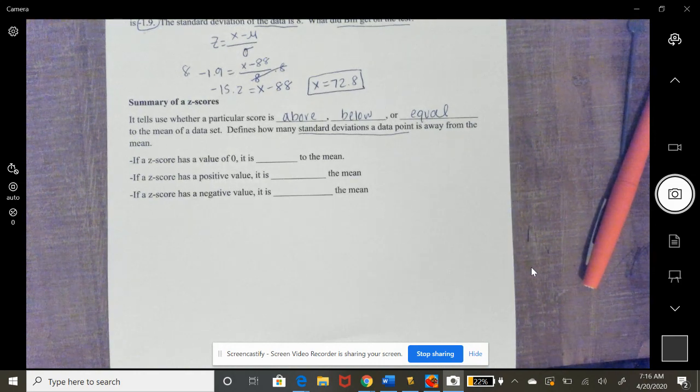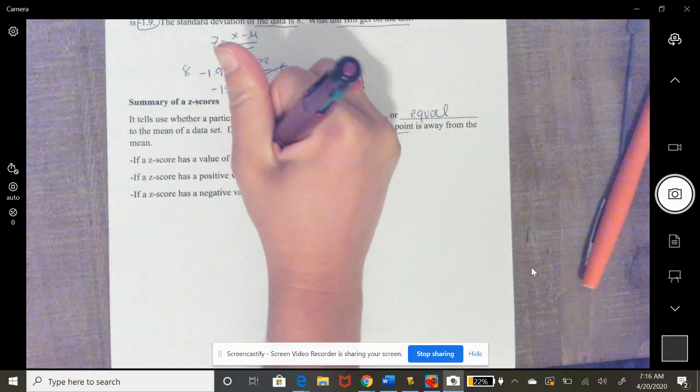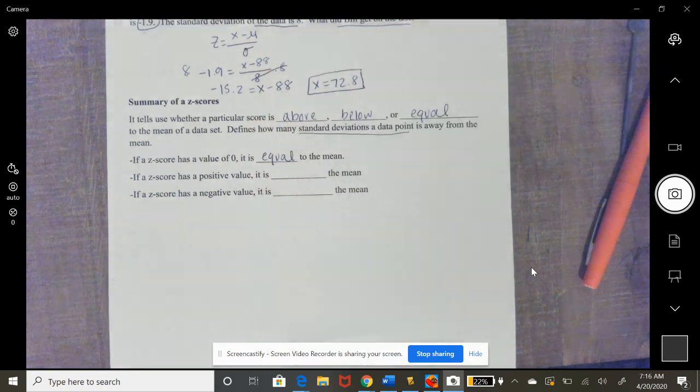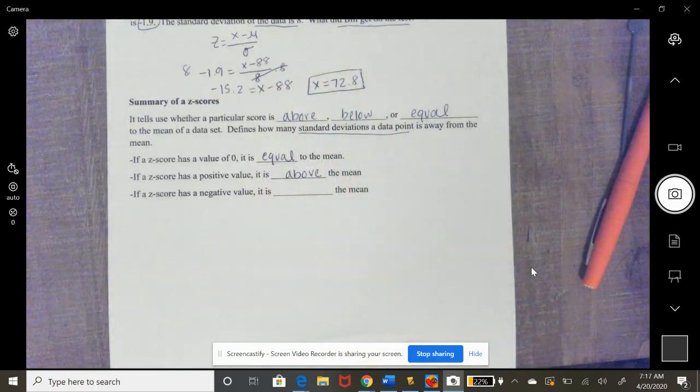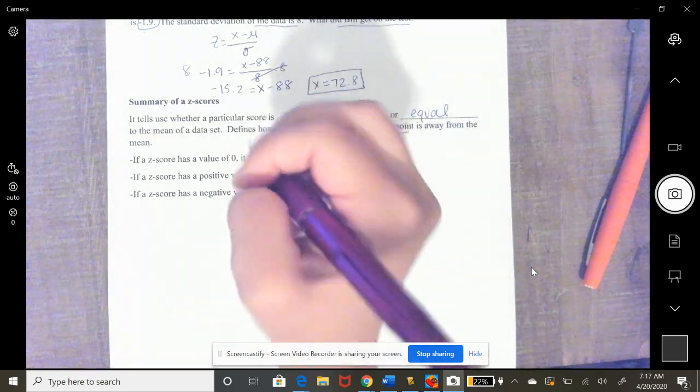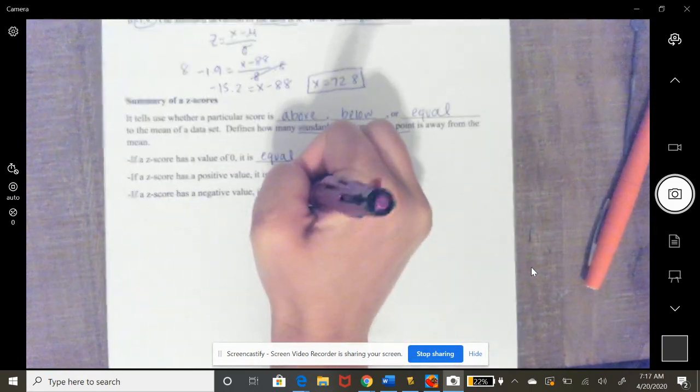So if a z-score has a value of 0, that means it's no standard deviations away from the mean, so it is exactly equal to the mean. If a z-score has a positive value, that means it's going to be above the mean. And if a z-score has a negative value, it's going to be below the mean.